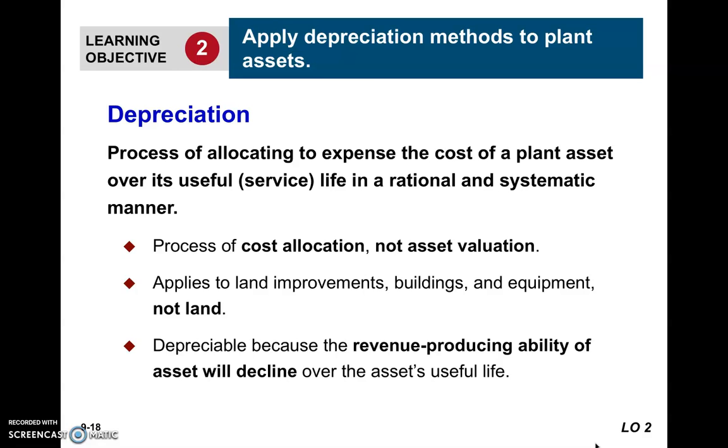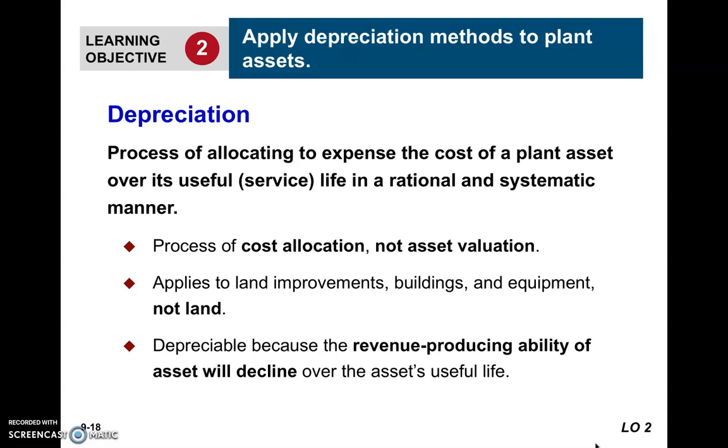First of all, in this process, we're trying to allocate the original cost, not come up with the market value or valuation of the asset. So it applies to land improvements, buildings and equipment, but not land.